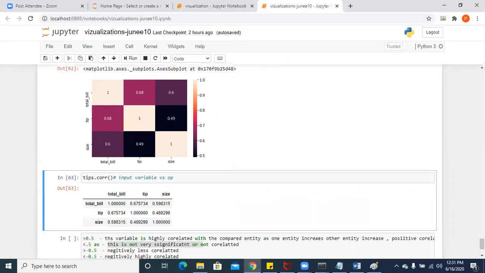All right, guys. If you have any doubts, you can ask me. Do you have any doubts, guys? Did you understand this correlation concept and that quartiles concept?